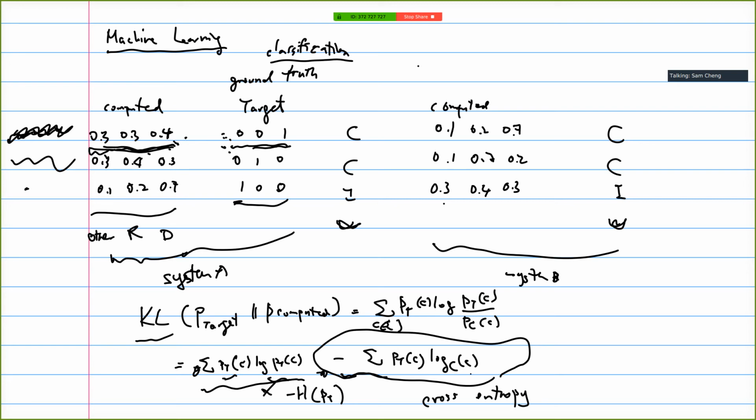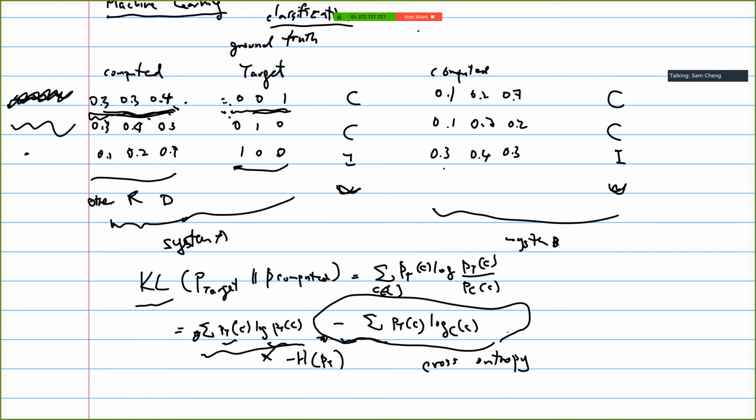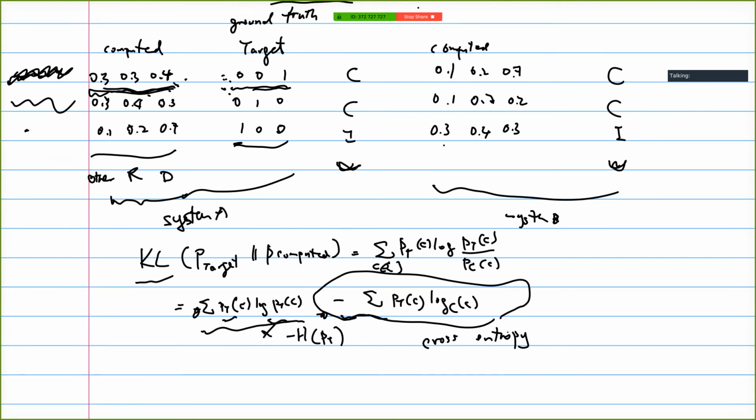And we want the cross-entropy to be as small as possible, so that your system will be good. Of course if it's equal to 0, basically your prediction will be ideal. So there's another example. Any question here for Jack?